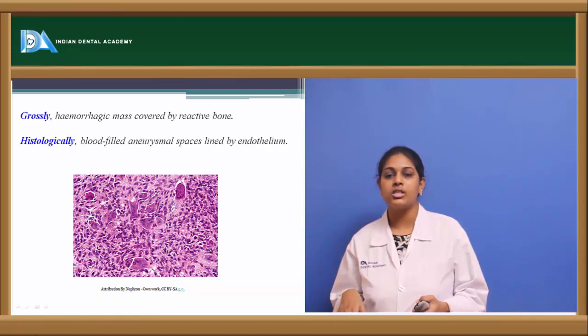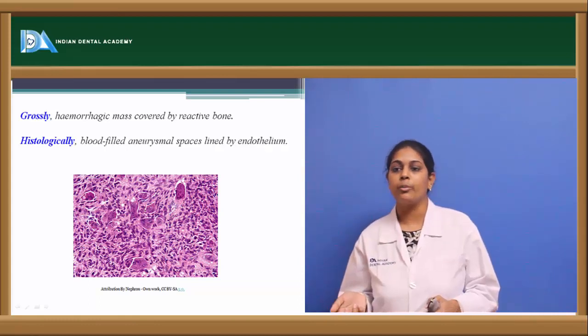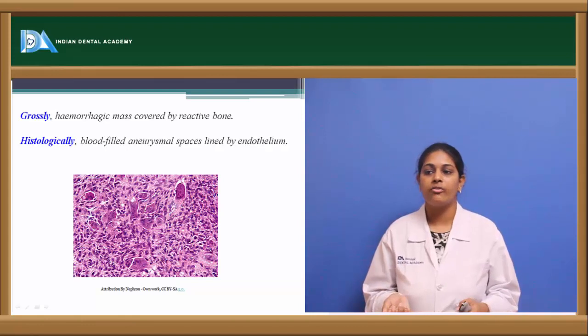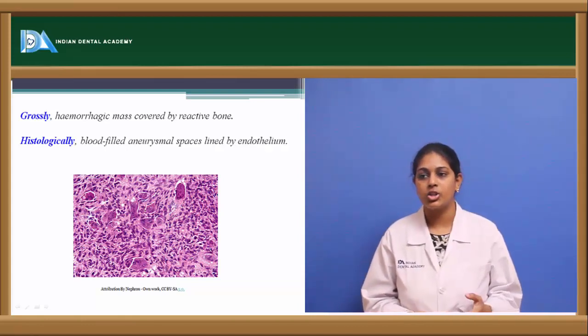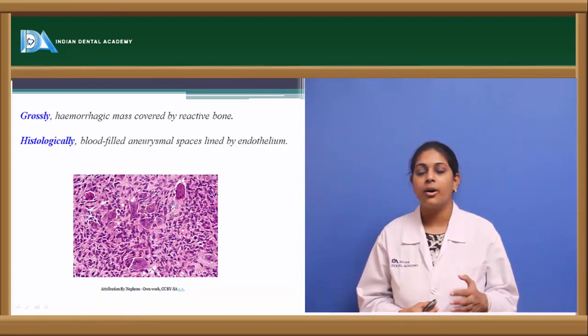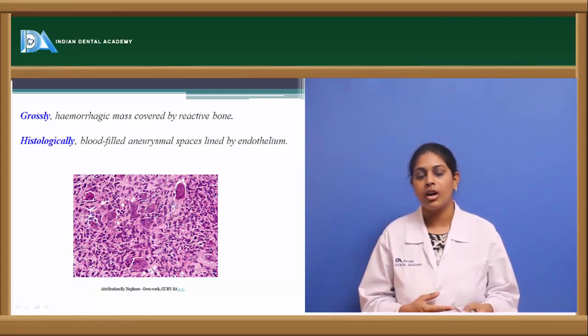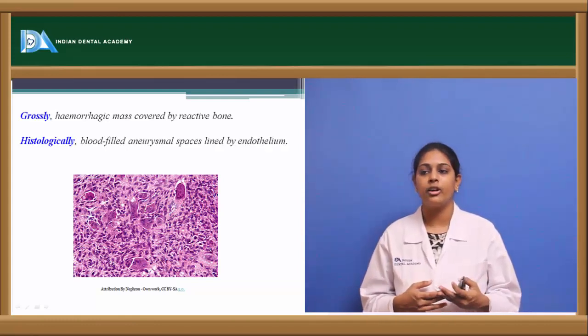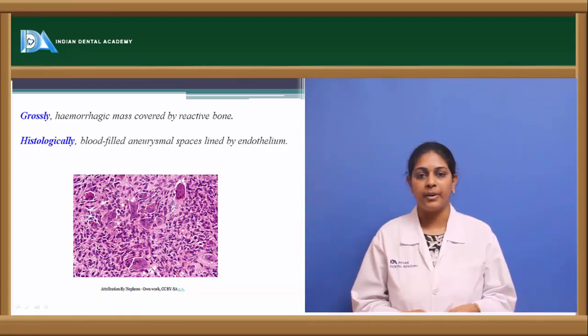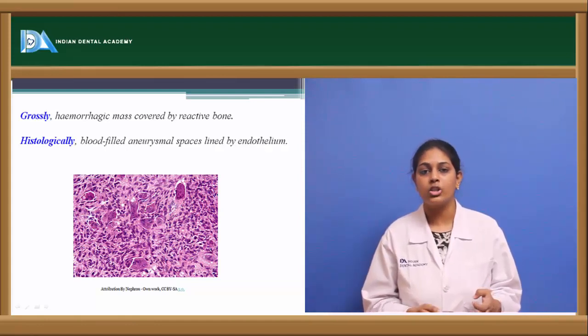Other than that, we also see other proliferating tumor cells, and fibrous tissue, that is, collagenous tissue, can also be seen. The giant cells are usually lined properly with the endothelial blood vessels, which can also be appreciated in this histopathological picture. So this is what is about aneurysmal bone cyst.